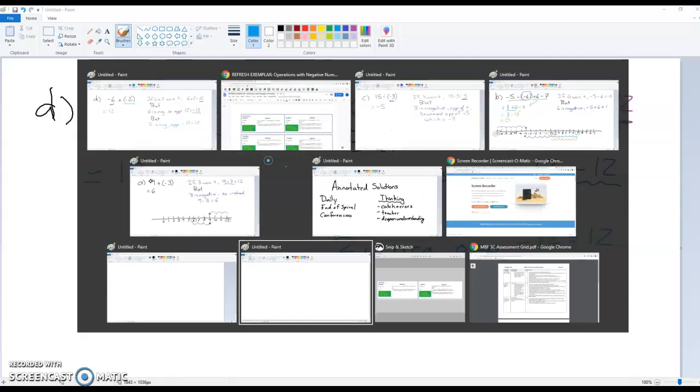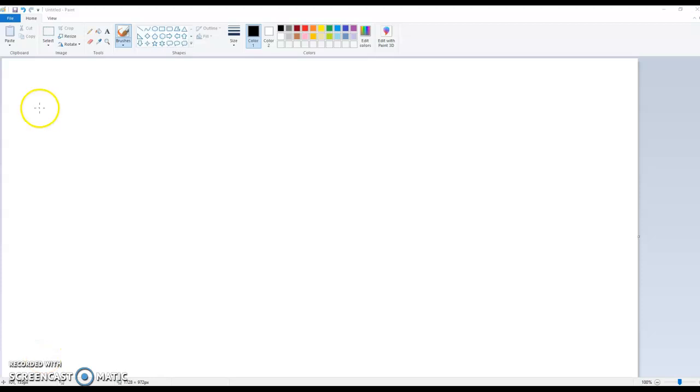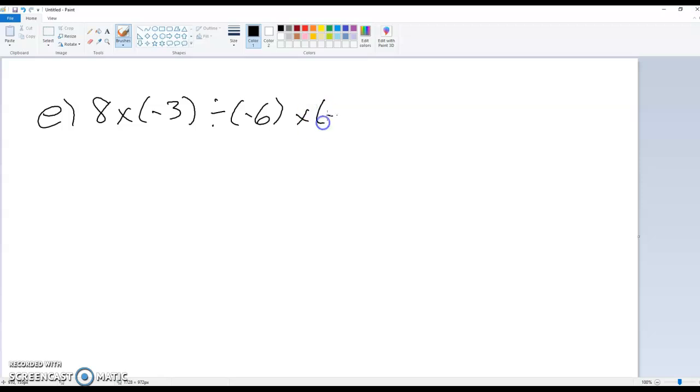All right, last solution. Okay, E says 8 times negative 3 divided by a negative 6 times by a negative 2. So we are going to deal with just the first part of this problem because we like to break them down. So if we had 8 times 3, that would give us a 24.